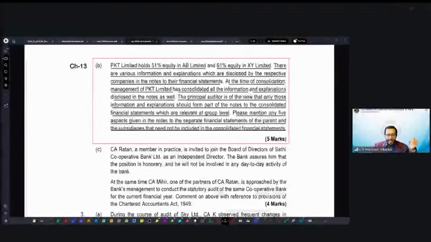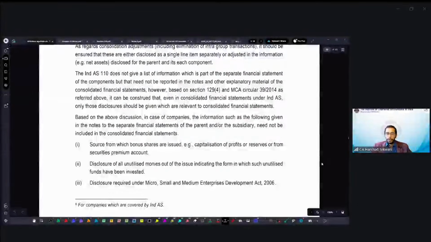It is on page number 13.22. Now there is section 129(4). Remember, we discussed section 129(4) in the previous session.